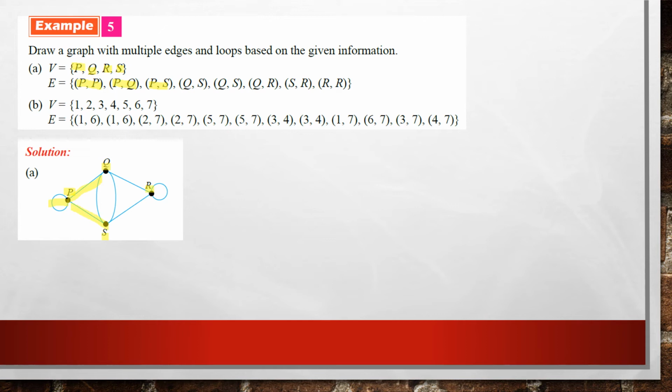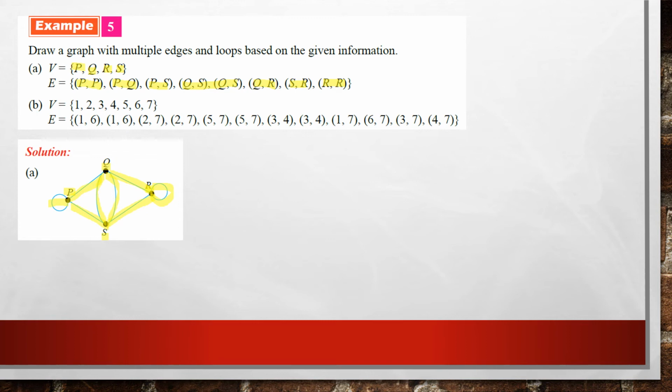Then you have QS, QS. 2 QS. That means this is the multiple edge. Then you have QR, SR, then RR is the loop here.